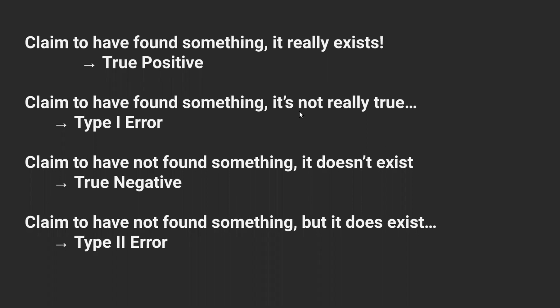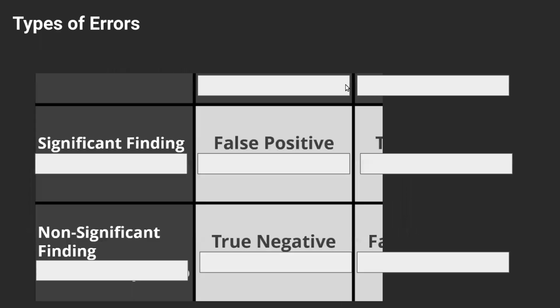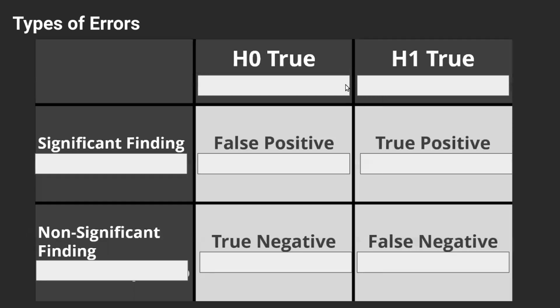Again, this is more terminology that I want you to be familiar with. And we think about this in relation to these different states of the world through both H0 and H1, or the alternative hypothesis. We'll return to the slide in a second, and it'll be here for your reference.